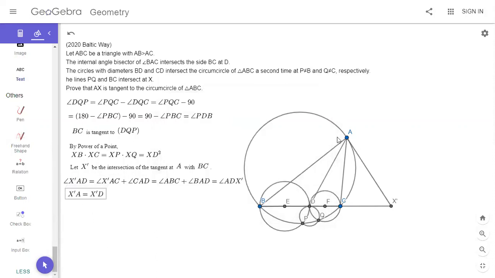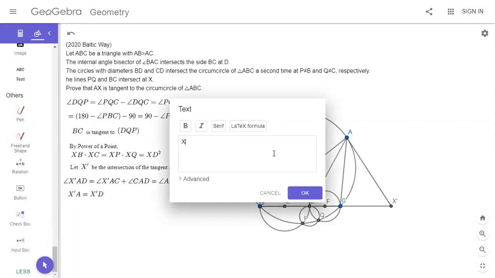And we also have X prime A squared is X prime C times X prime B. Or I'll write this, X prime D squared is equal to that.